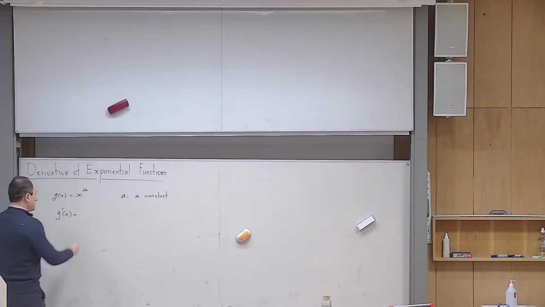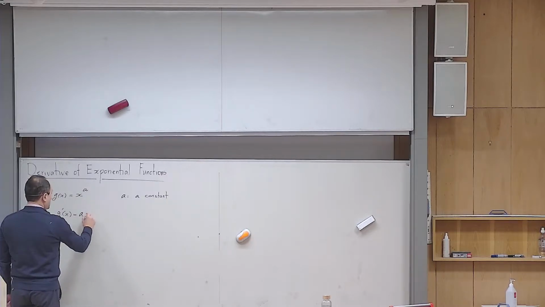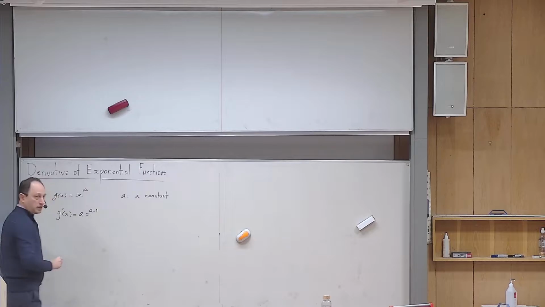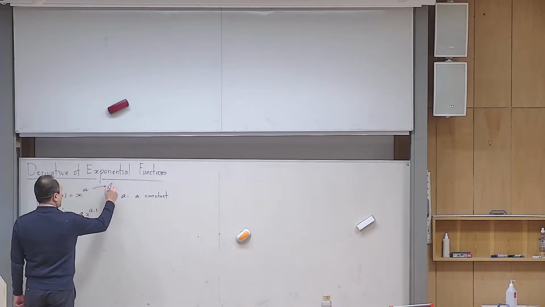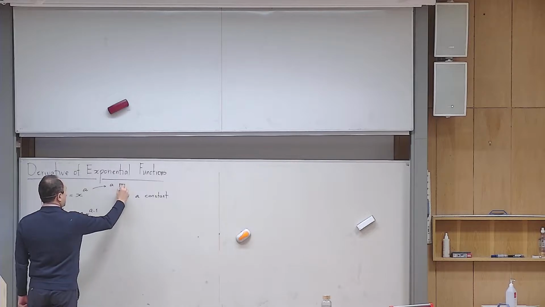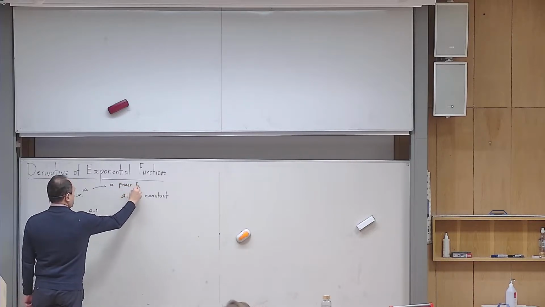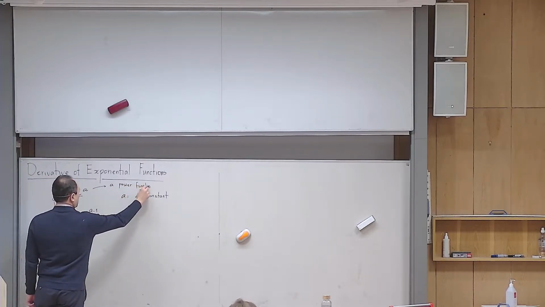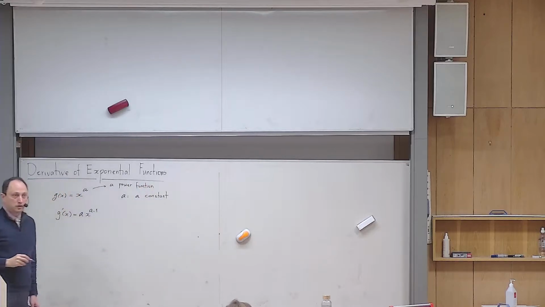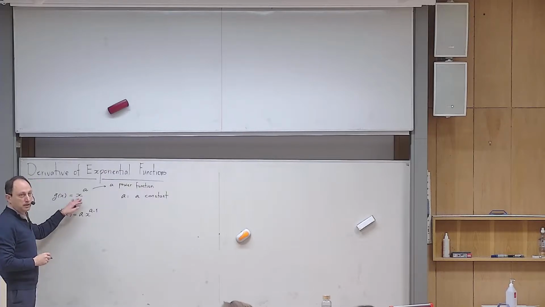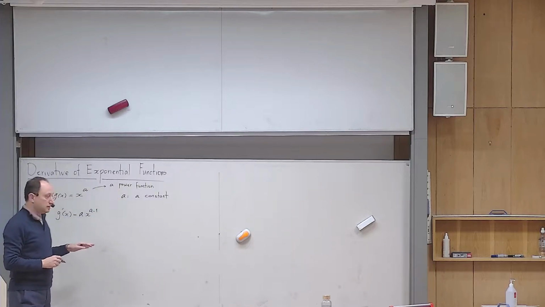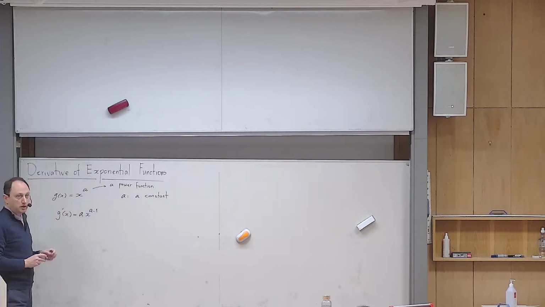The answer is a goes down, x to power a minus 1. This function is called a power function. Okay, so if I have a power function, we know the derivative is a x to power a minus 1.